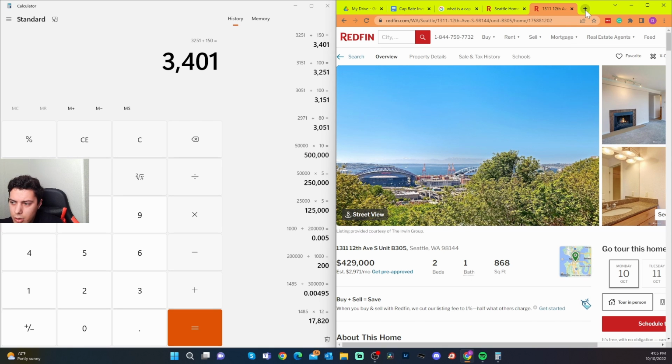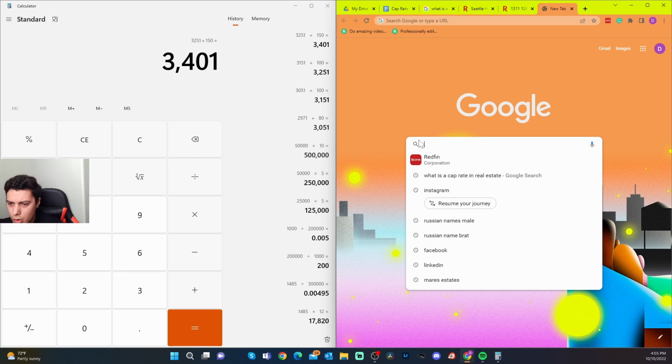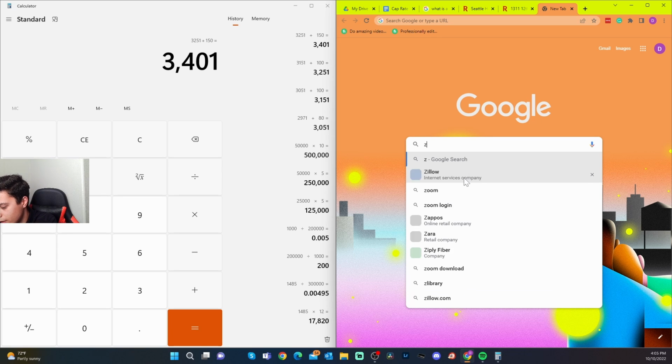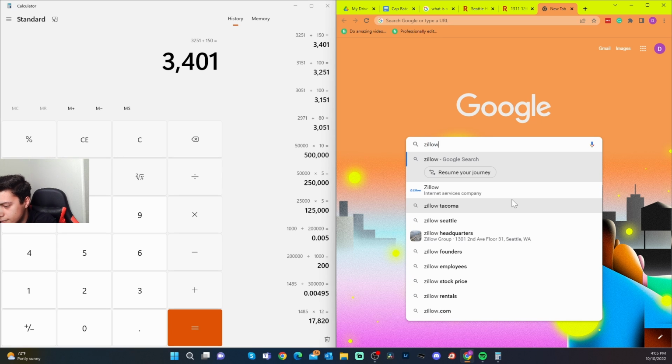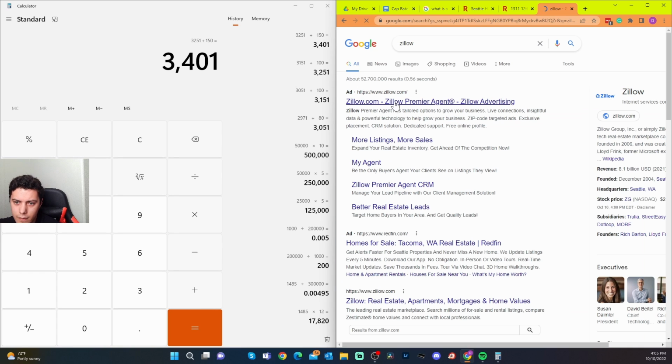And you guys could also do this too. So you could open Zillow, because Zillow is really good on this one thing that Redfin doesn't have.